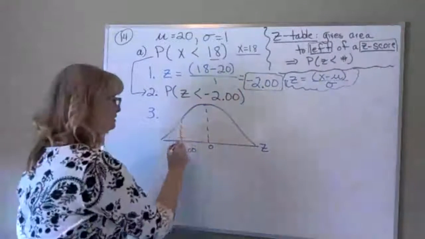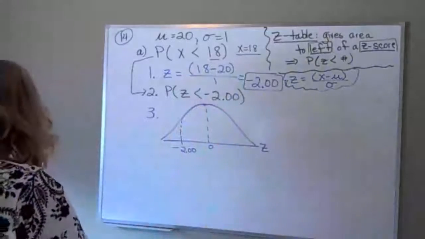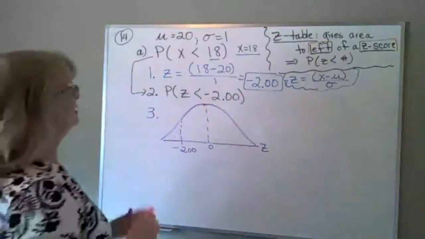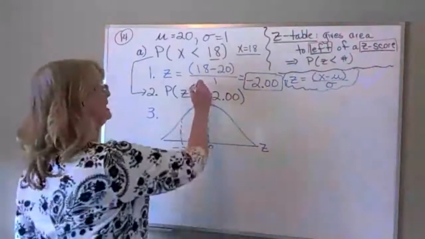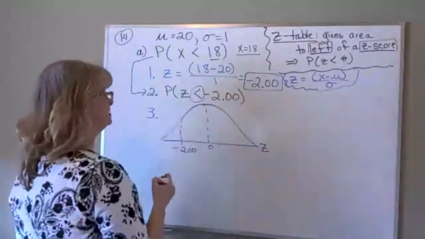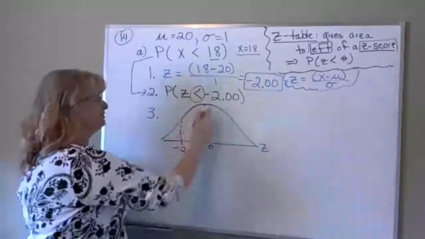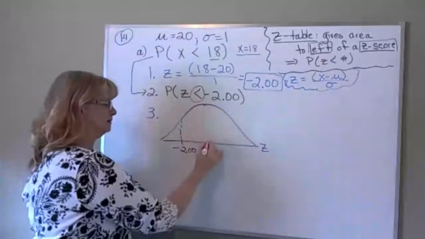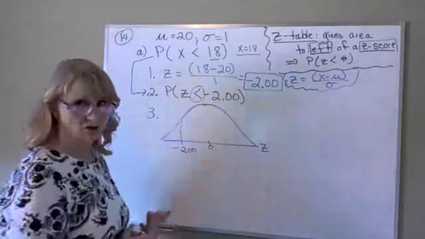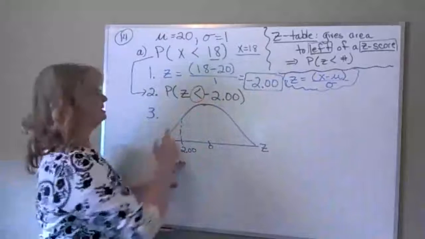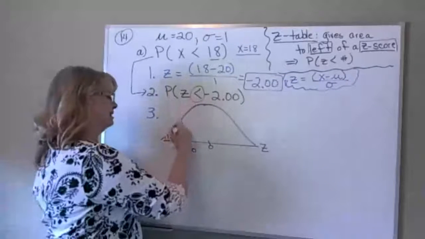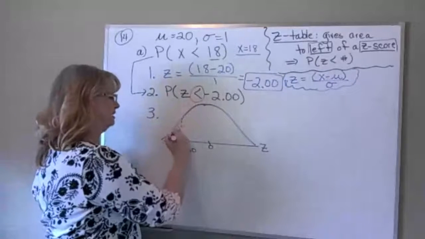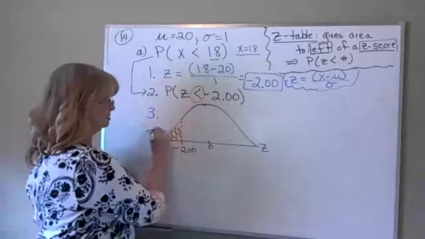So I'm just going to draw a line there. I'm going to shade the area it wants. Since this is a less than problem, that means I'm going to shade to the left. In fact, you may want to leave that off and just put the 0 right there so it doesn't confuse you. To the left of this z-score. So less than means we're looking for this area to the left. That's the question.